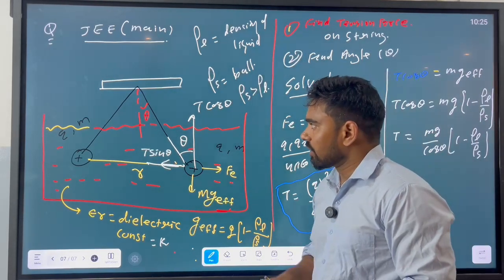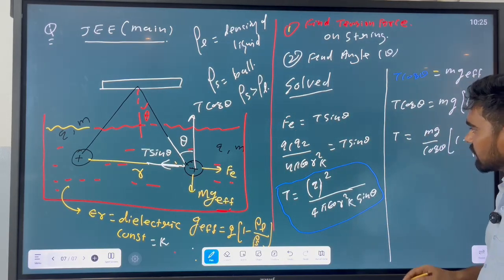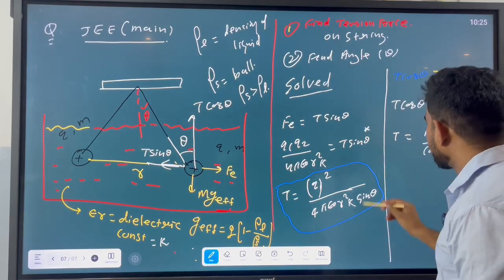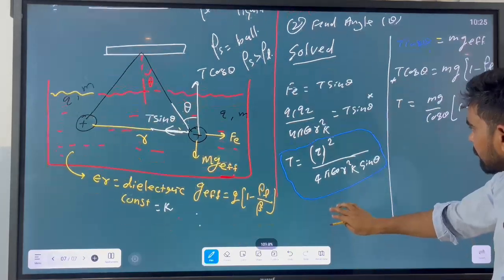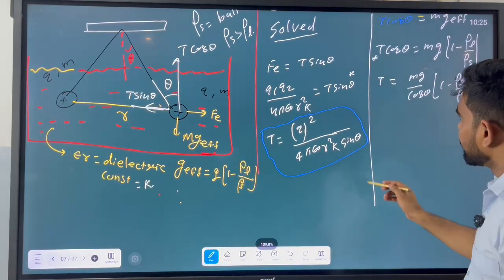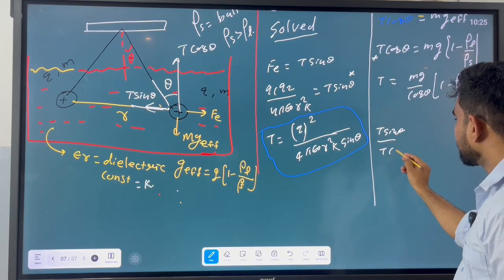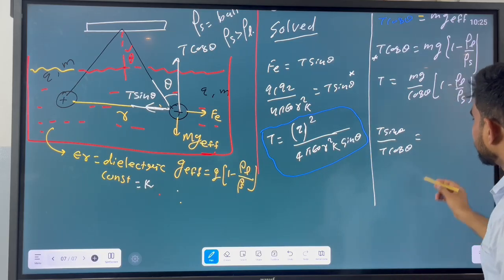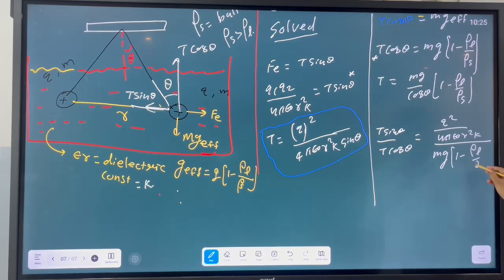Now, if we want to calculate the angle, then we divide the two equations by each other and get the value of the angle. Dividing, T sin theta divided by T cos theta equals the Coulomb force, Q square divided by 4 pi epsilon naught R square K, divided by mg times (1 minus rho L divided by rho S).